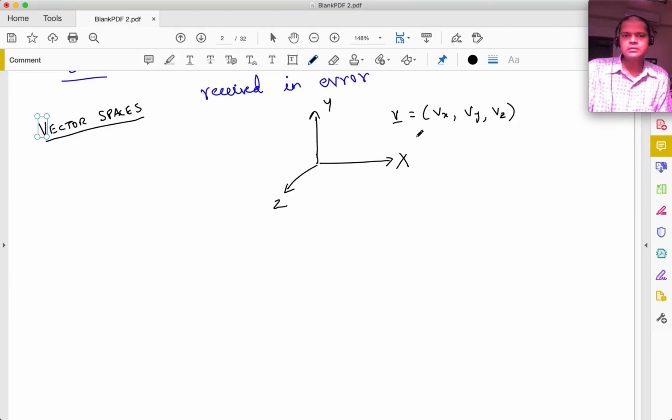Suppose you want to know the x component of a given vector.